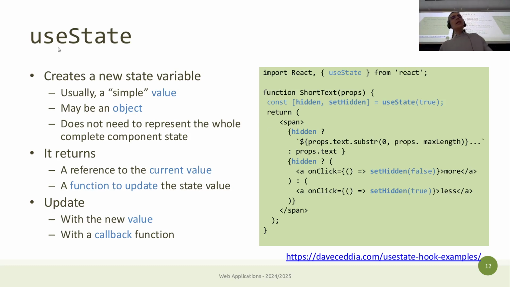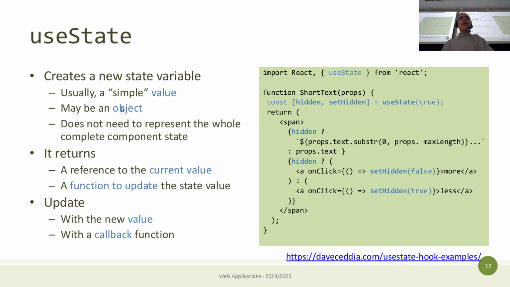So the useState creates a new state variable. Okay. Typically, we store what we call a simple value. It means not an object which contains all the state of the component, but parts of the state of the component that make sense being together. Okay, we will come back to this point later.